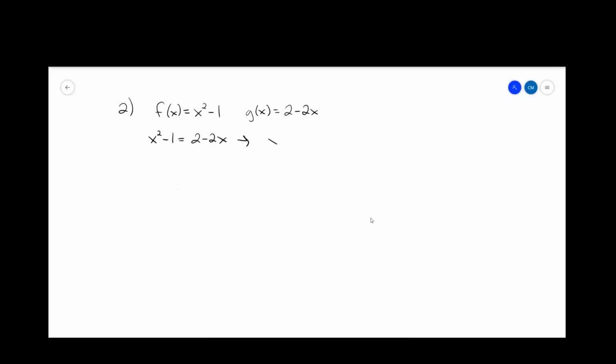So we just set the two functions equal to each other. We get x squared plus 2x minus 3, I guess, equals 0. So now we need to just solve that. So factor it, what is that going to be? x minus 1 and x plus 3, I guess.